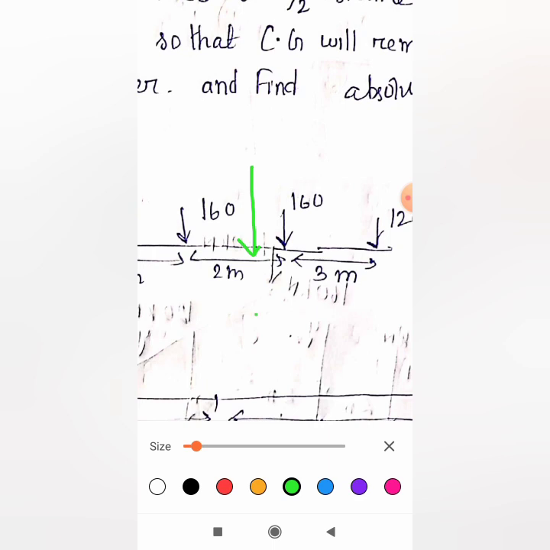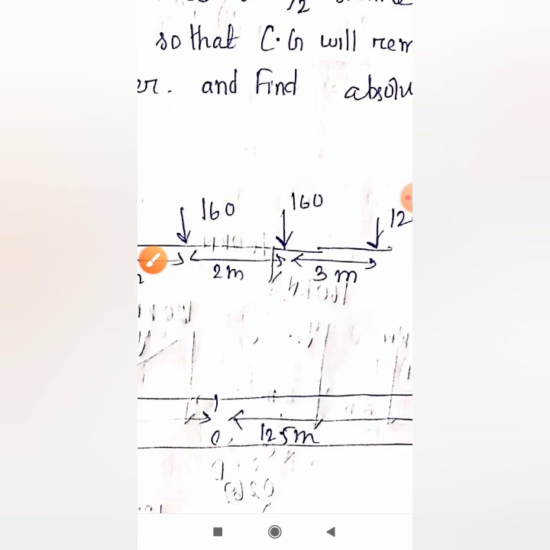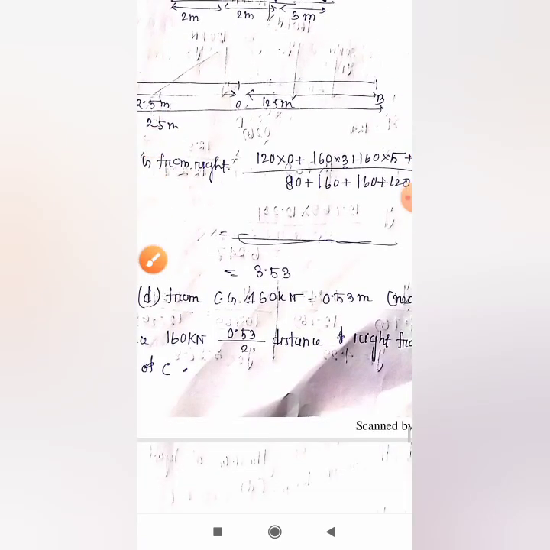The distance from here is 3.53 meter. Now if I say the distance up to this portion is 3 meter, then this extra portion will be 0.53 meter, right? So I have shown it: 0.53 meter. This is the distance of the center of gravity of the load system from the 160 kilonewton load, under which we will get the absolute maximum bending moment, right?